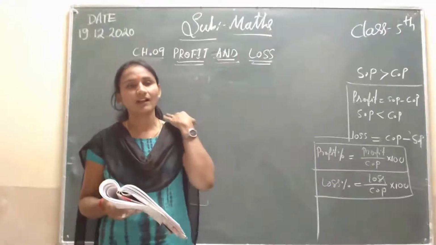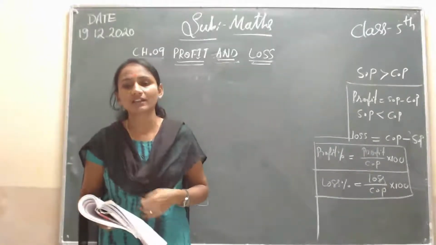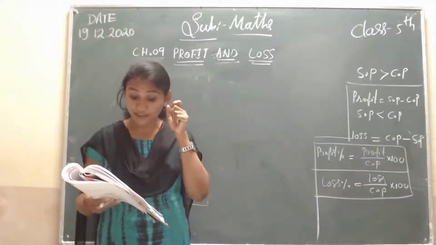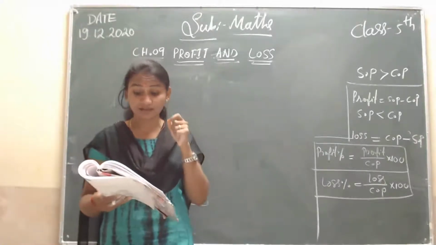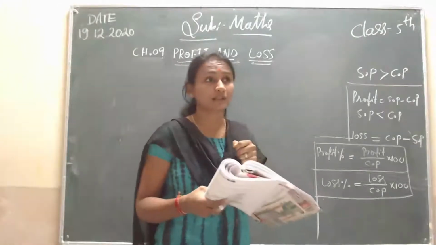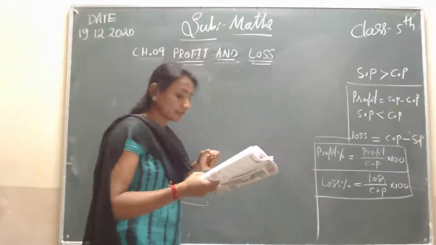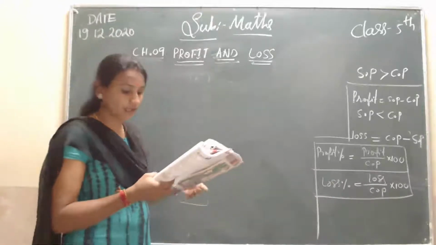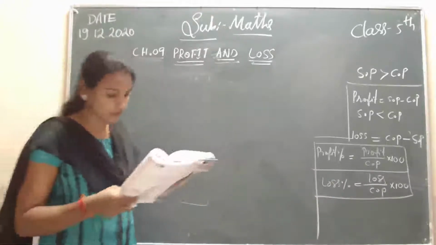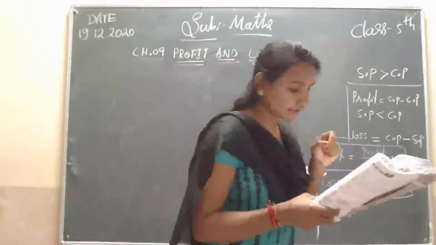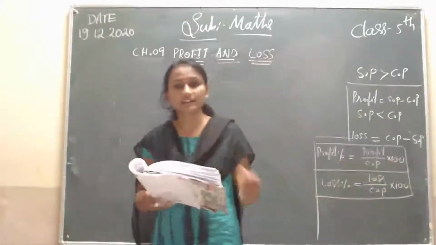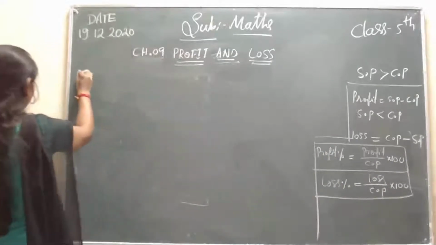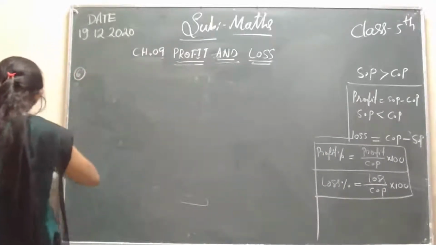Students, can you see that Abram brought a music system for 6,375 rupees, and 75 rupees is spent for that. Okay, so on its transportation, he sold it for 6,400.